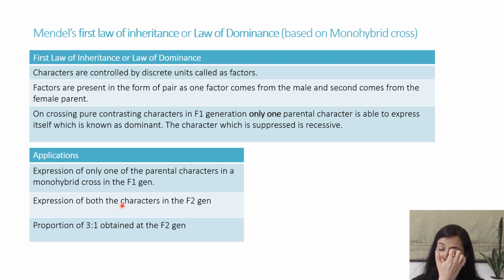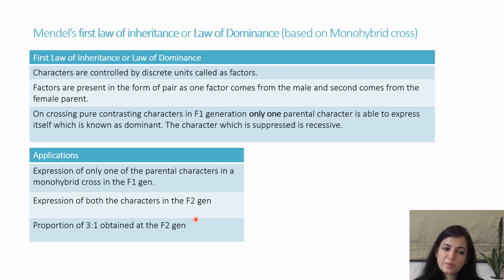We can see that in the F2 generation, both the characters are recovered as such. It is because one of the genotypes contains both the alleles which are recessive. So the recessive trait is expressed because both the recessive alleles are present in that plant. So therefore the character which is expressed is recessive.